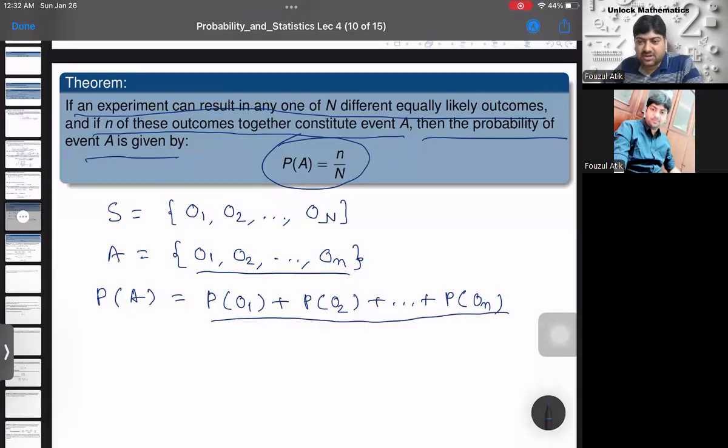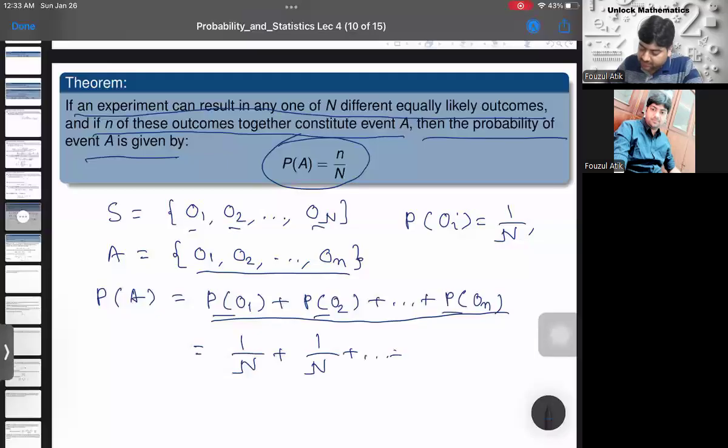Now in the previous slide we have discussed that probability of each of the outcome is what? It is 1 divided by the total number of outcomes. So P of each Oi is equal to 1 by capital N for all i equal to 1 up to capital N. So these values are also 1 by N plus 1 by N like this.